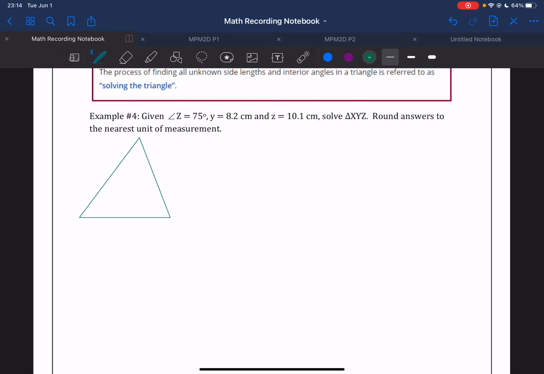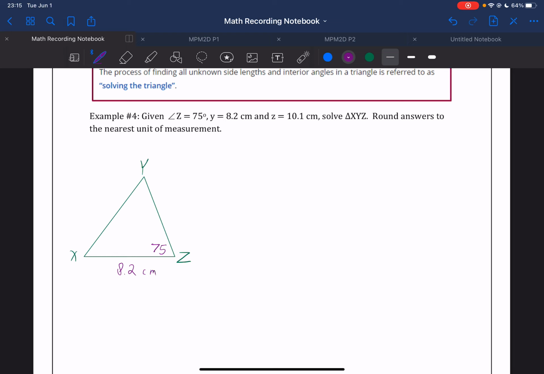So this time we have a triangle that is x, y, and z. Let's label it x, y, and we're going to bring that down just so I can write on the top of it, and z. Okay. So angle z is 75. We have a y length of 8.2 centimeters.